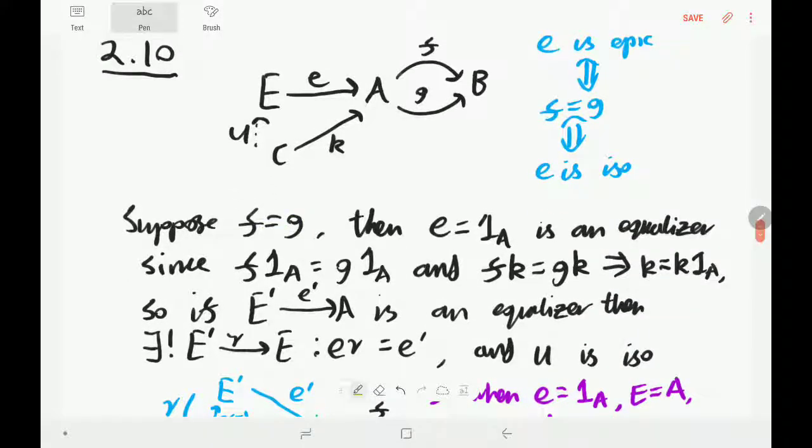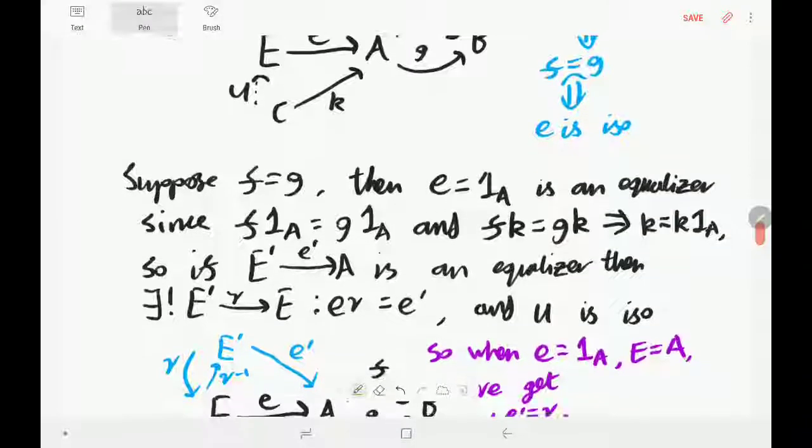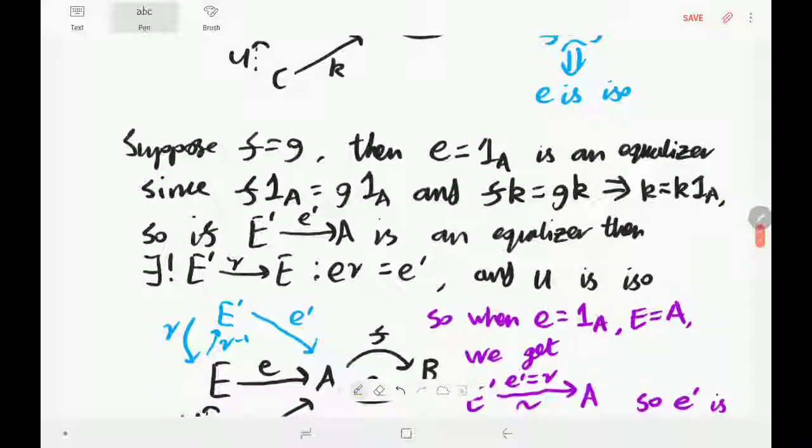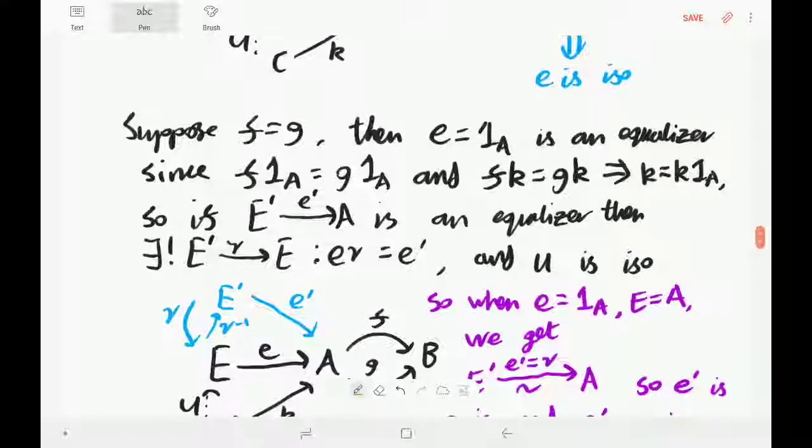Suppose f equals g. Then taking e to be the identity of A does indeed form an equalizer. So for any equalizer e' of f and g, there exists a unique v such that ev equals e'.